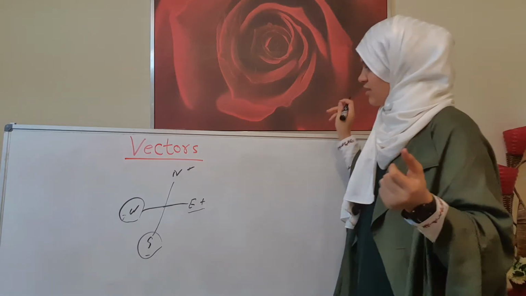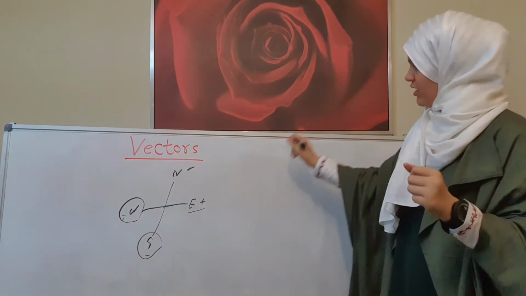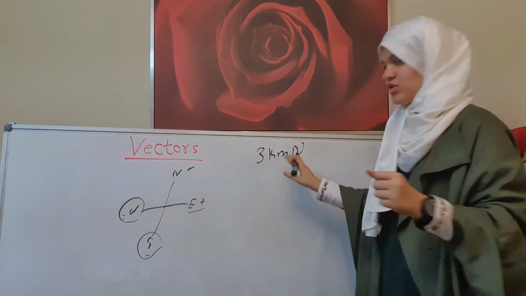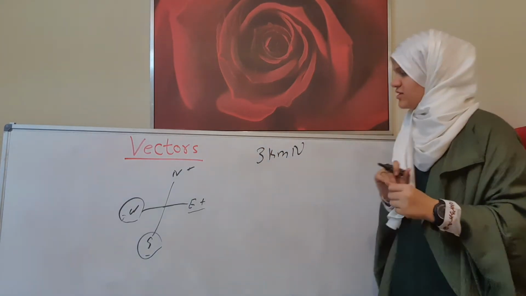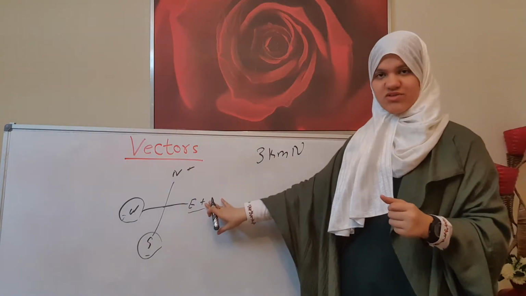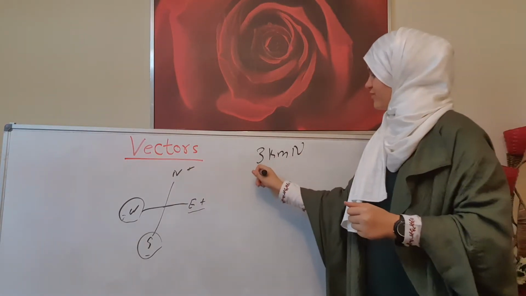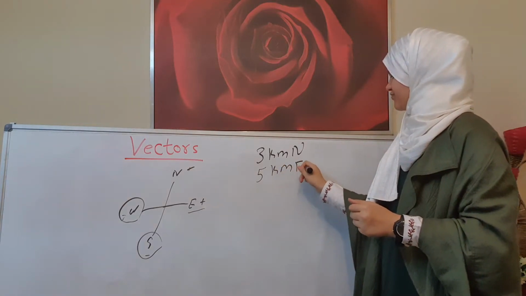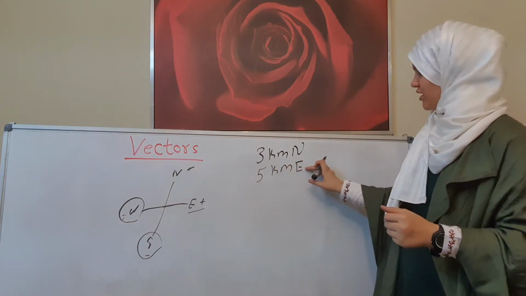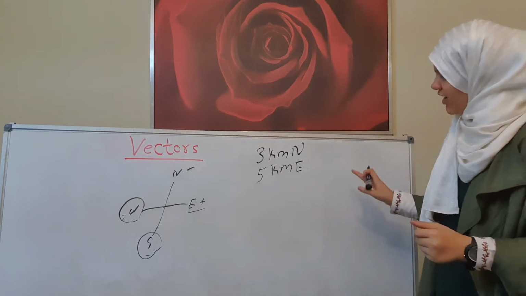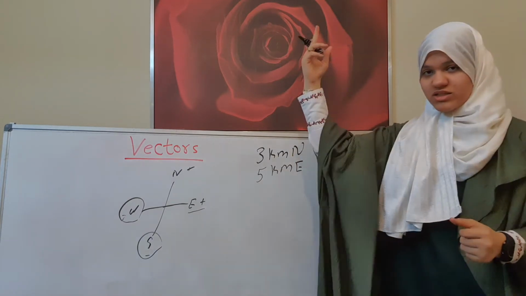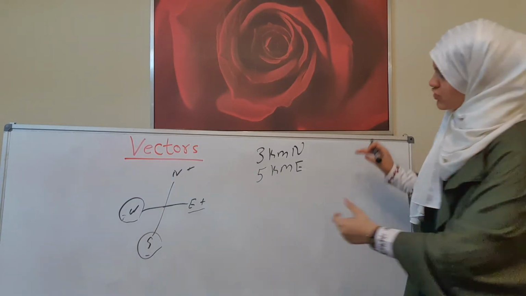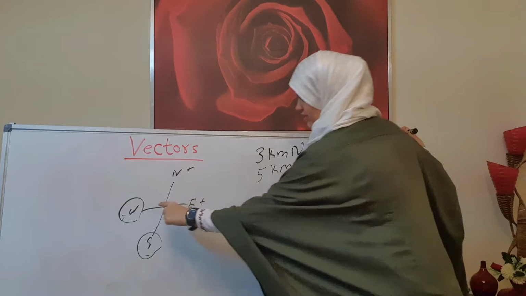We know that if we have 3 kilometer due to the north, and positive, for example, 5 kilometer due to the east, now we have 3 kilometer due to the north and 5 kilometer due to the east. Can we draw these numbers graphically?